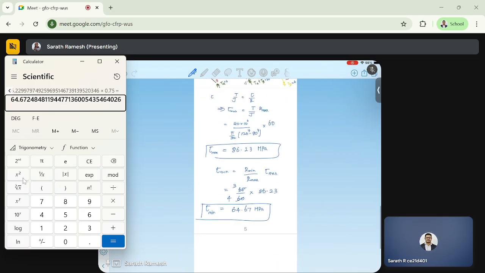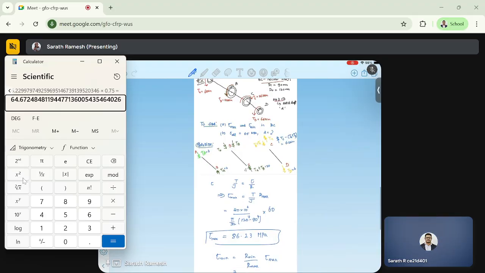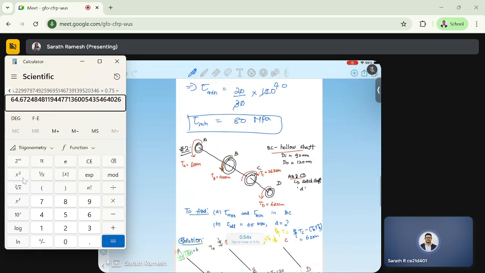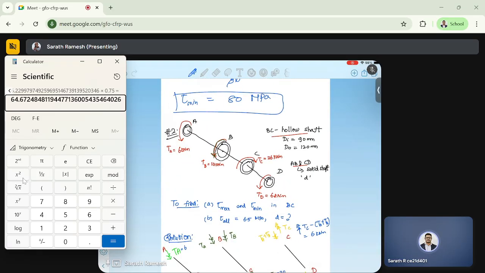Okay, right. Now, how about subdivision B? We need to find the diameter of the shaft AB and CD if the allowable shearing stress in these shafts is 65 megapascal, in AB and CD.